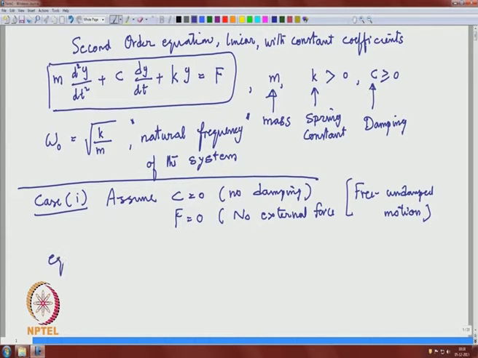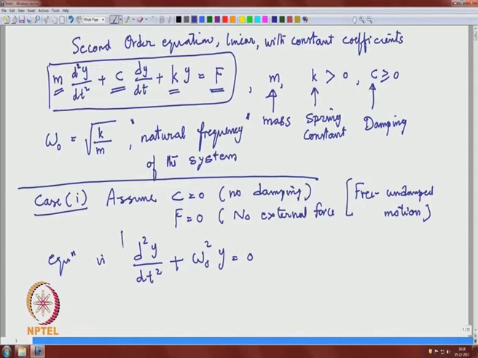In this case, what is the equation? C is equal to 0, F is equal to 0, and dividing by m, I can write this equation as d square y by dt square plus omega naught square y equal to 0.